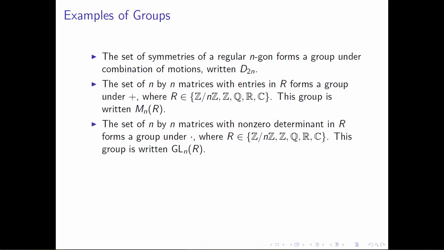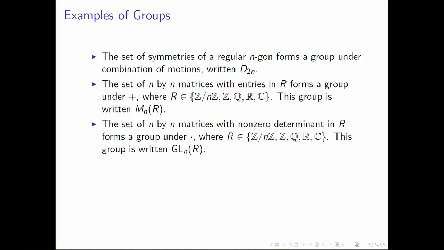It's less commonly used, but because the determinant of matrices is multiplicative, meaning that if I take two matrices A and B and I multiply them together to get a matrix AB, then the determinant of the matrix AB is equal to the product of the determinant of A with the determinant of B. If you know that fact, then you can actually show that the set of n by n matrices with determinant 1 having entries in R, where R is any one of these sets here, that itself will form a group, and that's what's known as the special linear group of dimension n with entries in R.